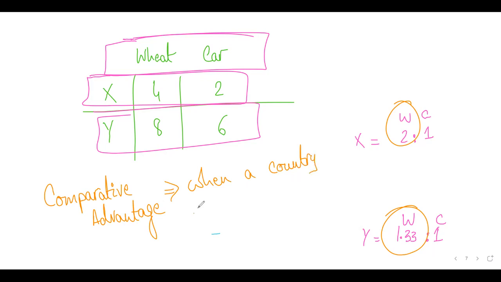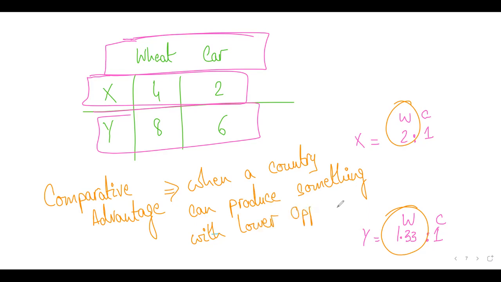Are you getting what I'm saying? Let's look at the answer. With lower opportunity cost. So when you are using inputs, if a country can produce something with fewer inputs, then that is the country that will have it.